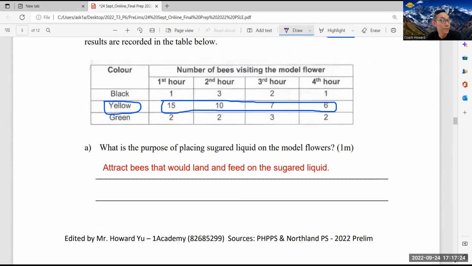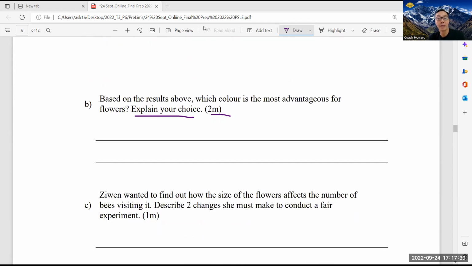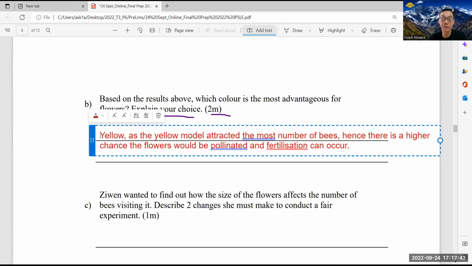So you understand yellow, as the yellow model attracted the most number of bees. Hence, there is a higher chance the flowers will be pollinated. Okay, so this is the answer here. I put it here for you. Most advantageous for the flowers means good for the flower.